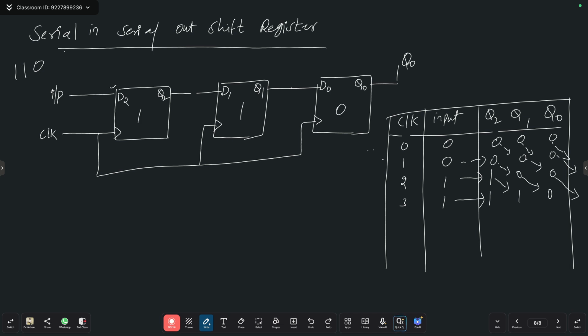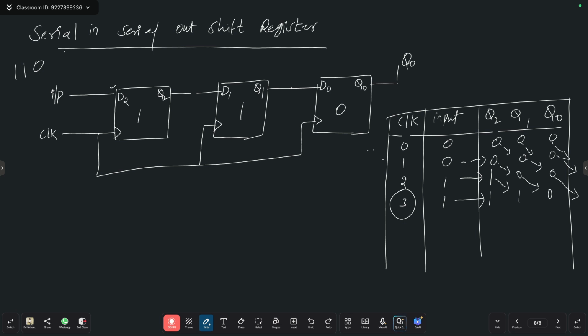Now data is entered into your register, not transmitted. In the same situation at clock 3 in serial in, parallel out, the data is shifted into another device from your register. Yes, clear?